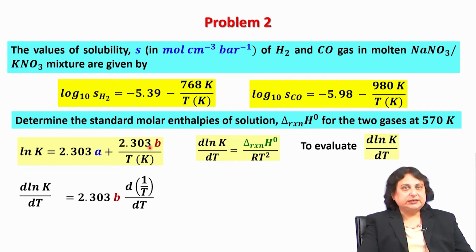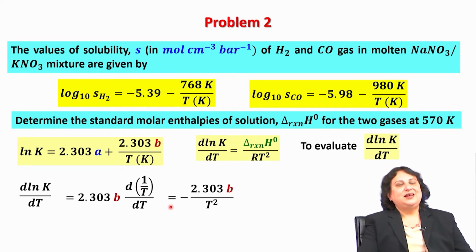The constant terms will come out, because B is a constant depending on which gas you have. It is a characteristic constant, it does not depend on temperature. So, I will have to know d dT of 1 by T. That immediately tells me that d ln K dT is equal to minus 2.303 B divided by T square.